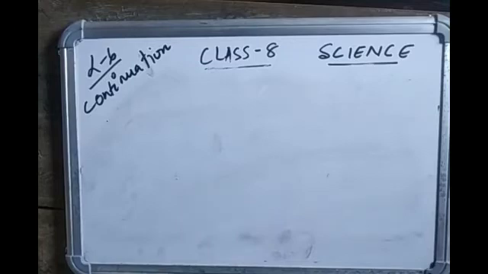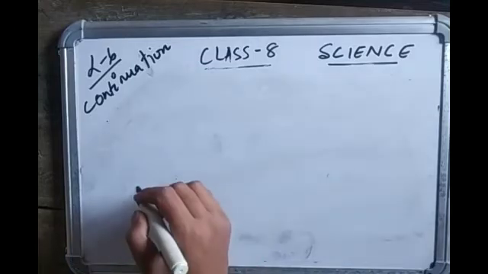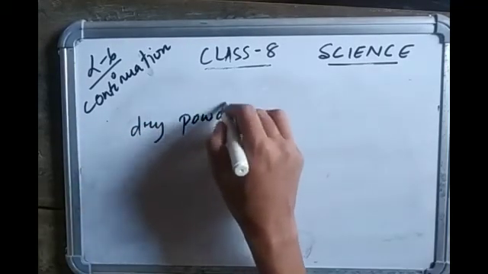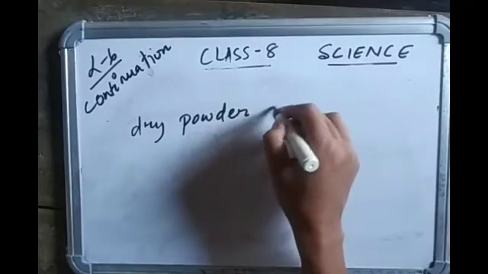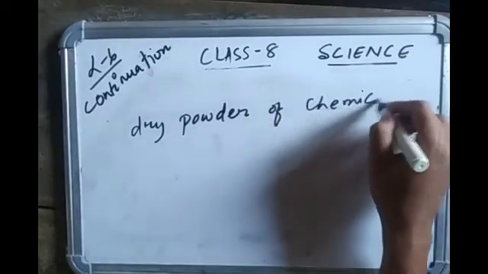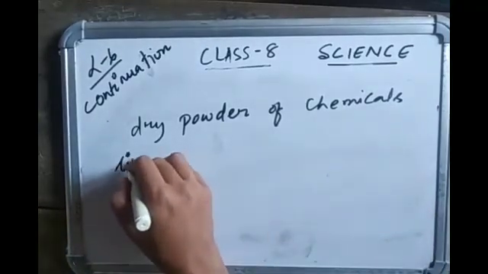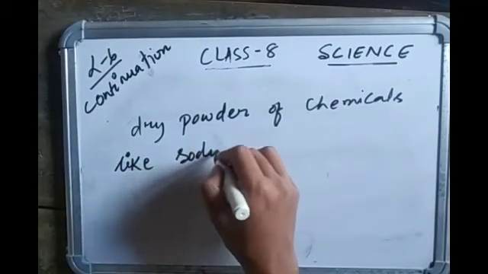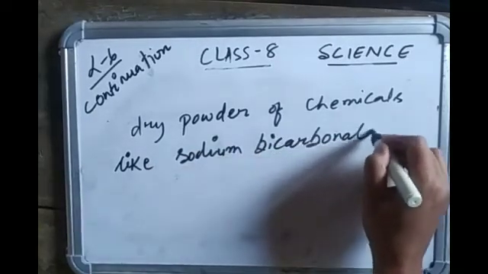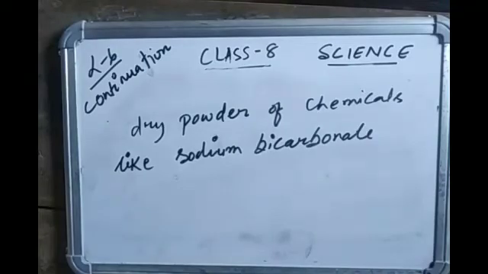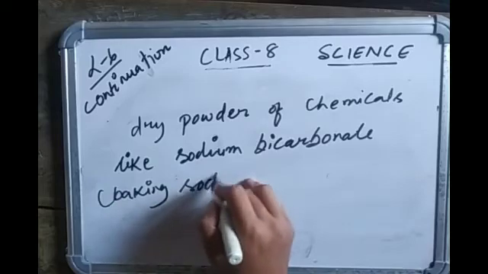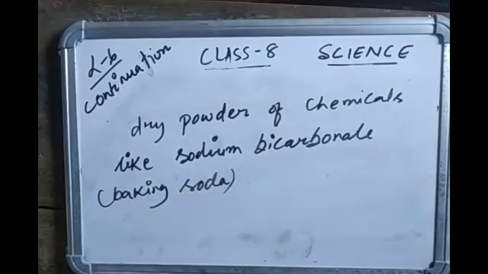Another way to get carbon dioxide is to use dry powder of chemicals like sodium bicarbonate, baking soda.